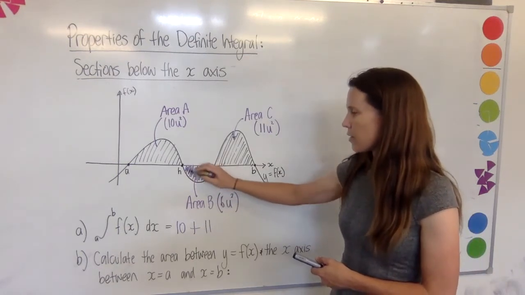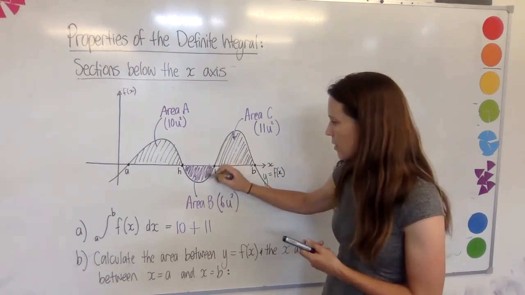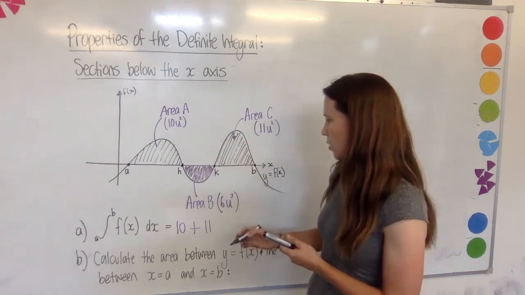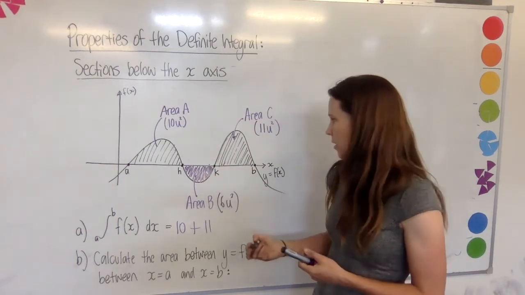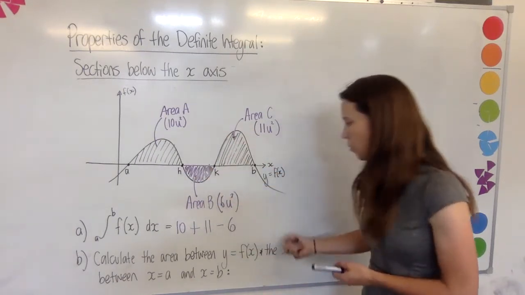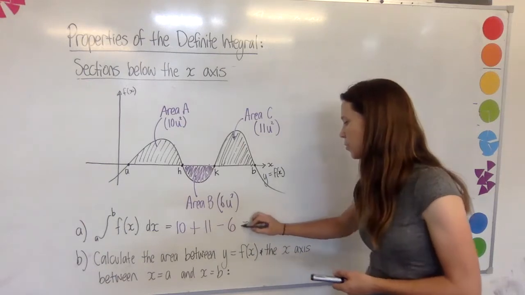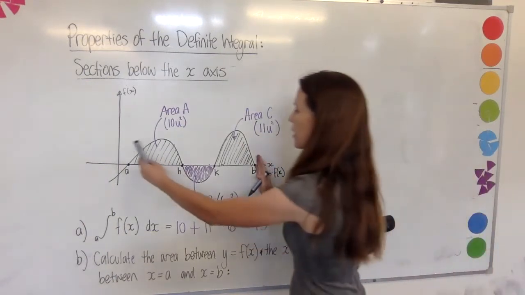And we've seen that if it sits below the x-axis, it's going to have a negative value because all of the heights are negative. So in fact, this section here has a value of negative 6. So if we add up 10, 11 and negative 6, we get 21 minus 6, which is 15. That's the size of the definite integral from here to here.